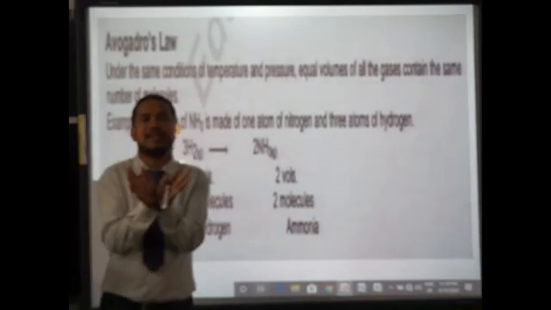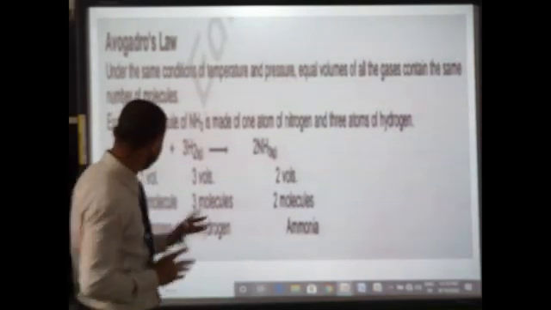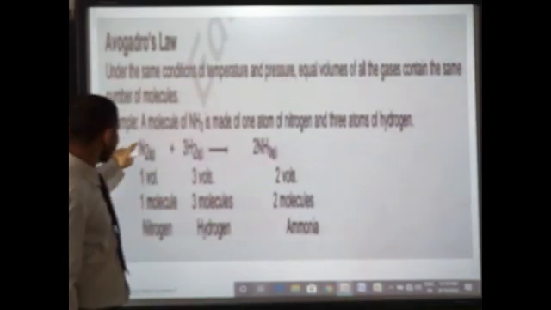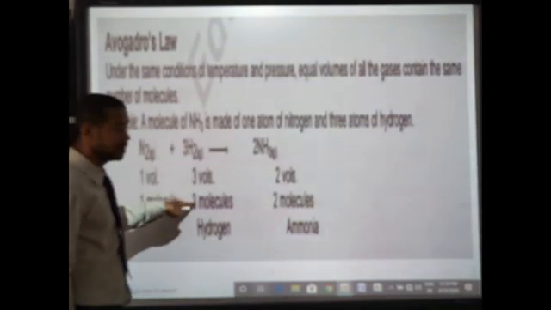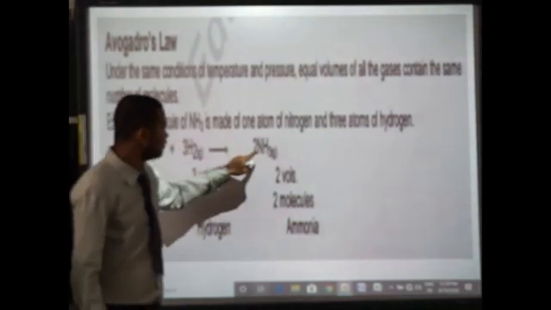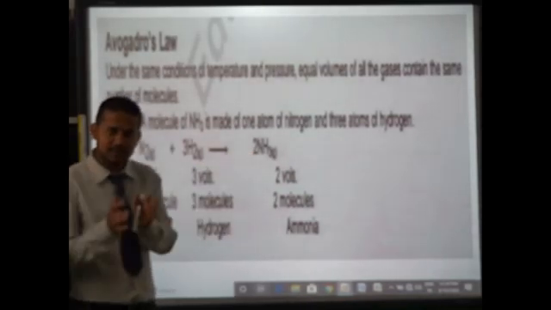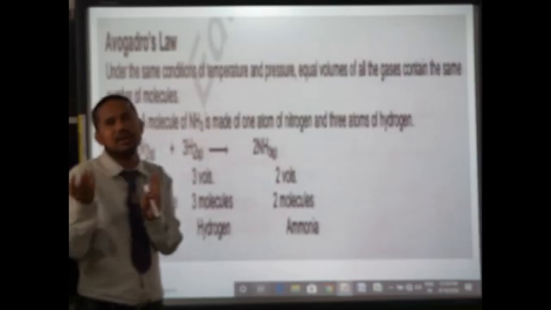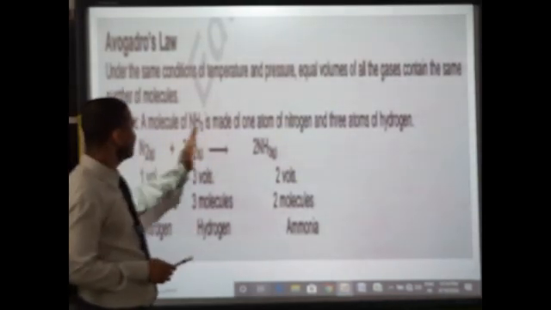If the volume is the same, then only they will have the same number of molecules. For example, if 1 volume of nitrogen has 1 molecule, then 3 volume of hydrogen will have 3 molecules, and 2 volume of ammonia will have 2 molecules. Got it? So equal volume means equal number of molecules. Here it is not equal: 1, 3, 2.